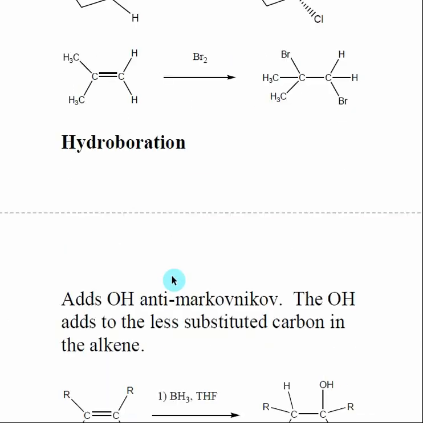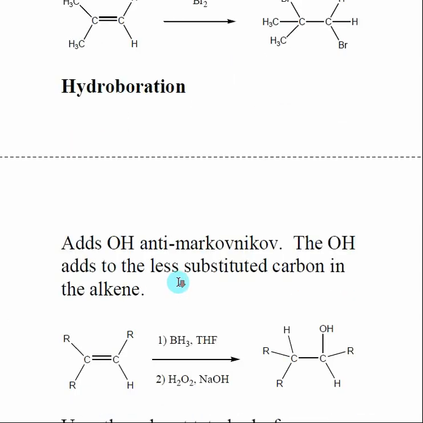So the next reaction, this one also has a name, it's called hydroboration. With this, there's a slight difference, and we will go over this. Why are we so concerned with putting an OH on one side or the other? We will get to that. But we've already seen with the hydration, when I add water and H2SO4 to a double bond, we end up adding an OH following Markovnikov's rule.